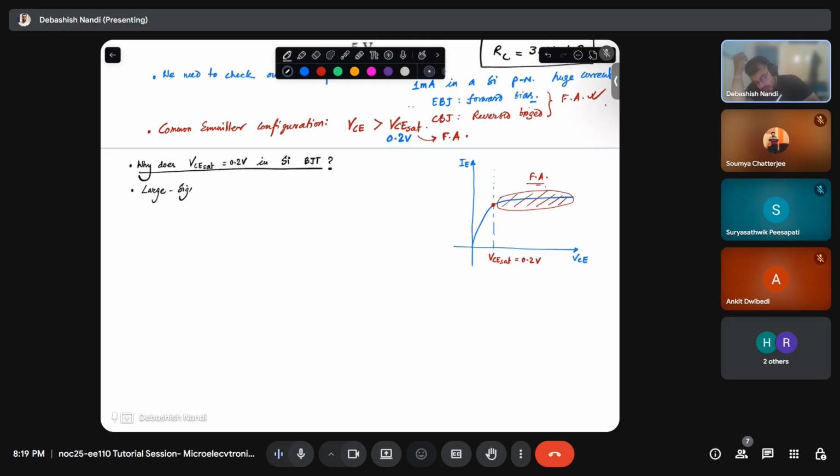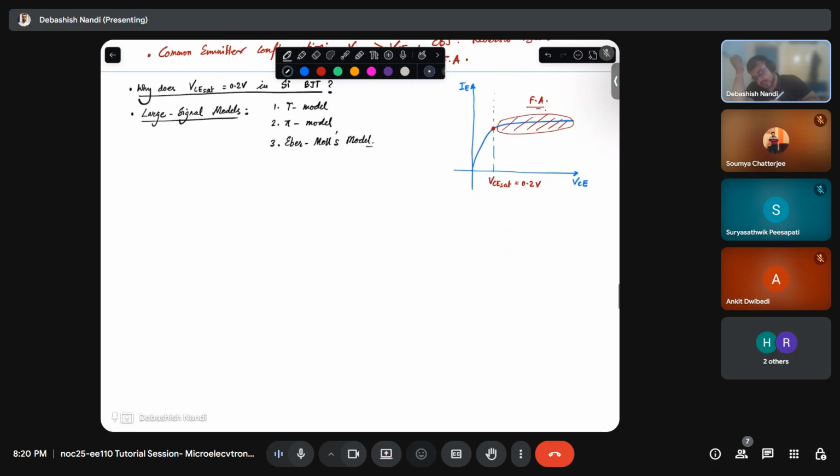So have you gone through the lectures on large signal models? We have three types of large signal model, right? T model, pi model, and Ebers-Moll model.